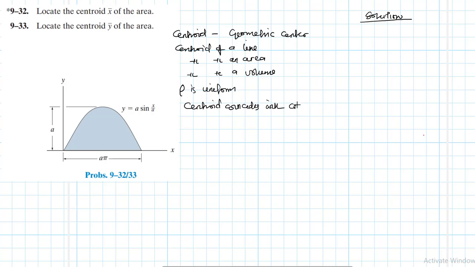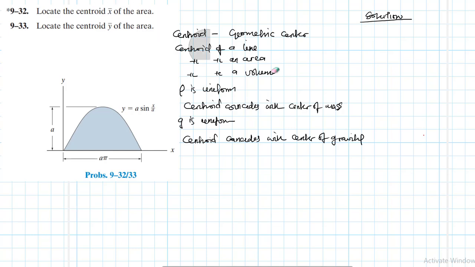And when the acceleration due to gravity is uniform, the centroid coincides with the center of gravity. So in a case where both density and the acceleration due to gravity are uniform, we expect the centroid to coincide with the center of gravity.